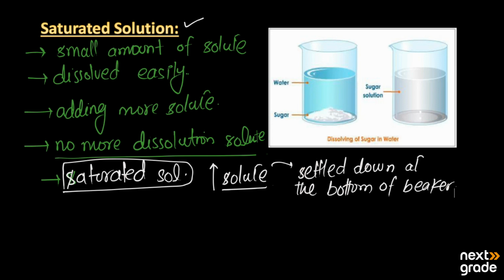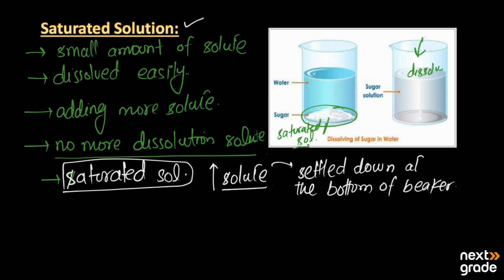In this picture you can see that when we add sugar to the water, the sugar starts to dissolve in it, and a point comes when the sugar will not dissolve, rather it starts to settle at the bottom of the beaker. Now this solution we can call the saturated solution. So this is a simple saturated solution.